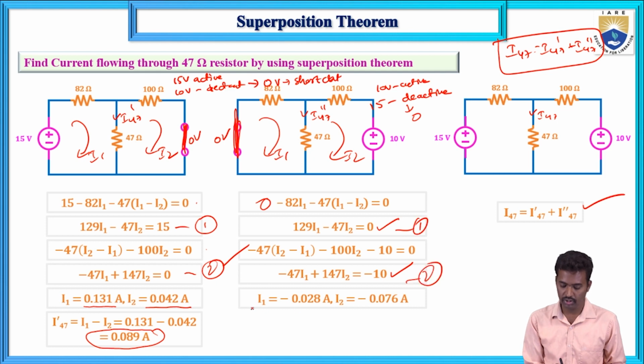If you solve these two equations, you will get I1 equals 0.028 and I2 equals minus 0.076.